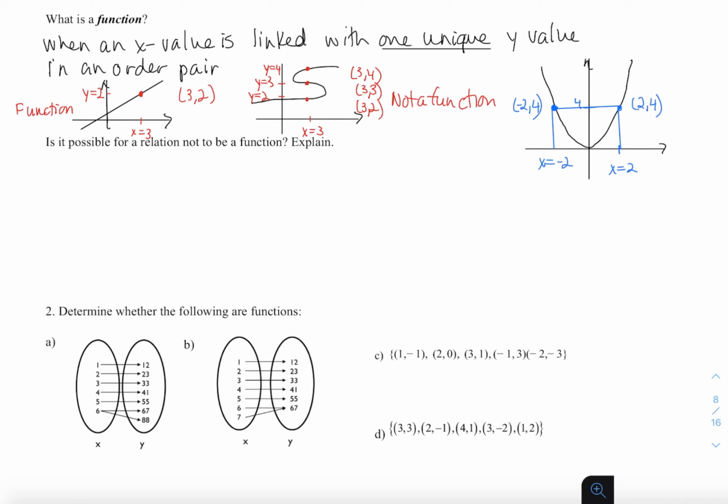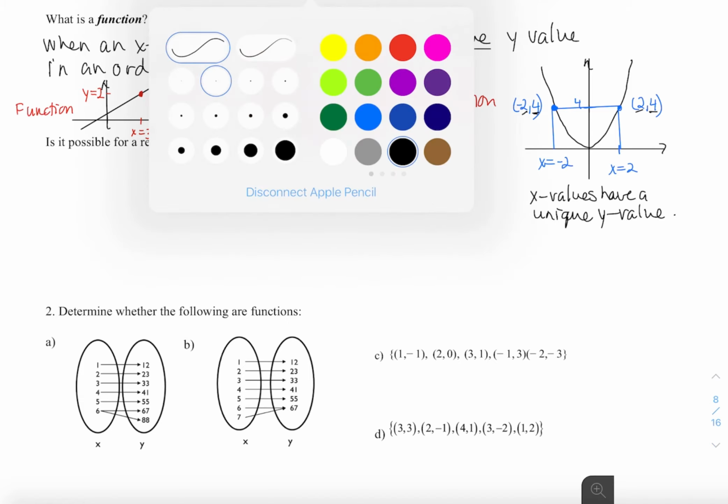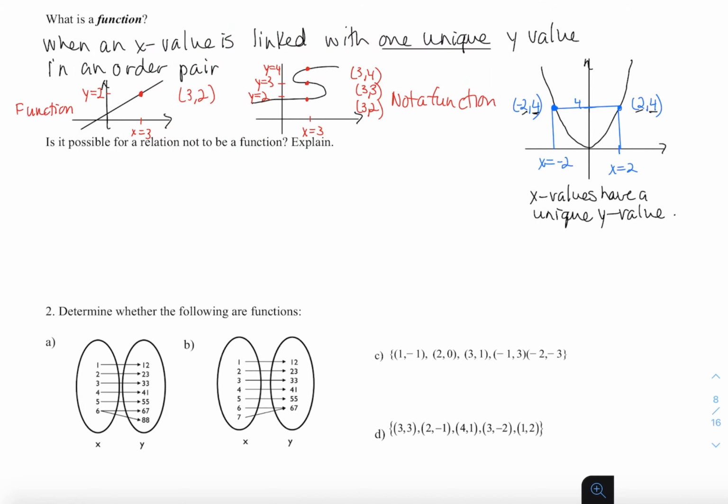Well, remember that the definition of a function is that the x values have a unique y value, but it doesn't say anything about the y values. So even though I have the same y value with 2 different x values, in this case y equals 4 is associated with -2 and +2, that's okay because that doesn't violate our definition of a function.